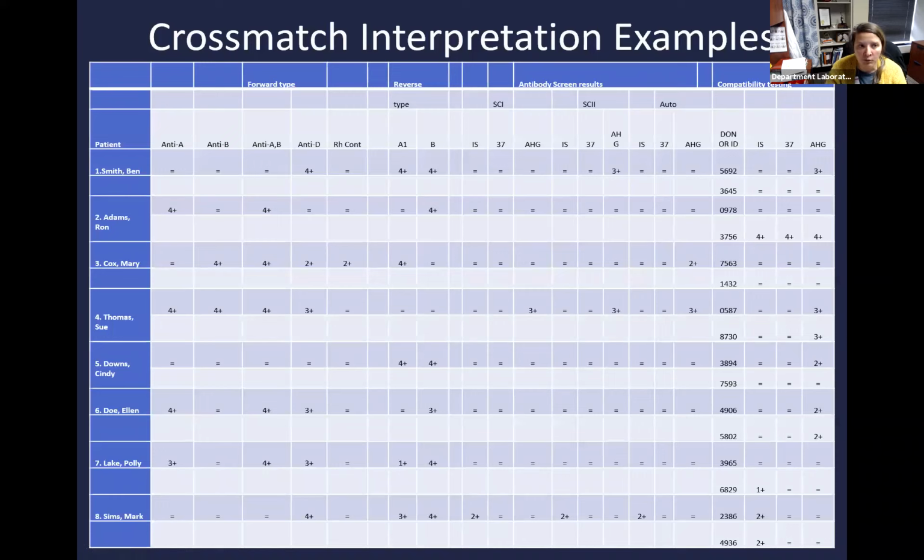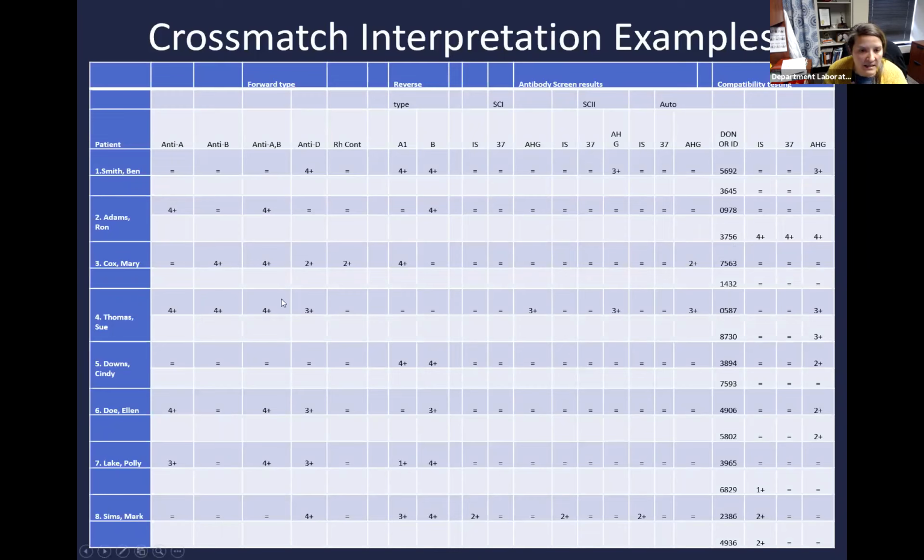If you have a 4+ reaction at initial spin, your first automatic thought should be ABO incompatibility. All right, so our patient is A negative. This unit is probably a B. So this unit 3756 is incompatible due to ABO incompatibility. And notice that that ABO incompatibility carries through all 3 phases of testing. It's positive 4+ at initial spin, 37, and AHG, okay?